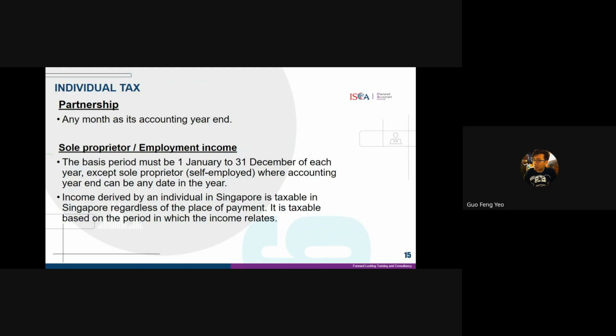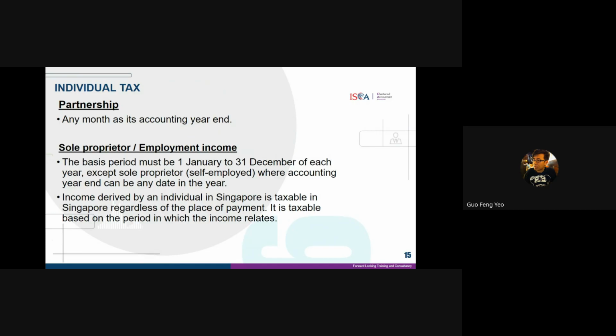Now we move on to the next concept, partnership. Partnership will be covered under a separate webinar on its own, known as taxation of partnership. However, you need to be aware that a partnership could involve individual income tax computation when the individual is one of the partners of a partnership.